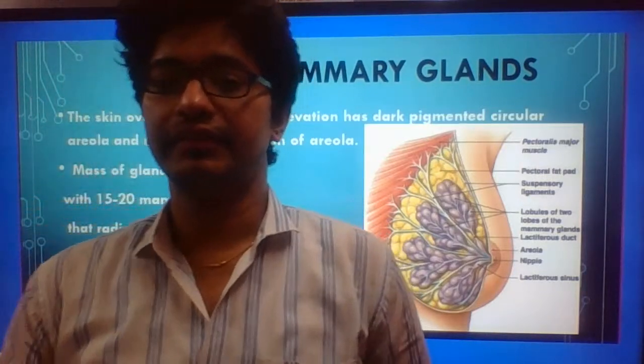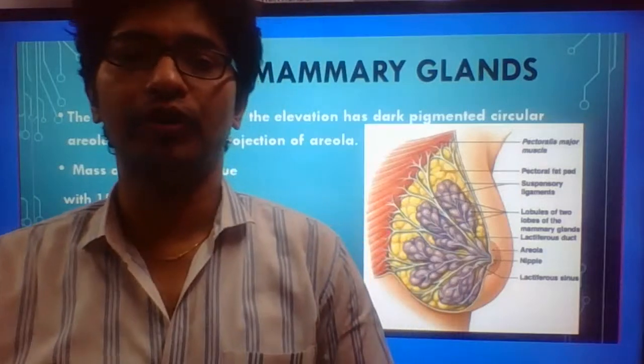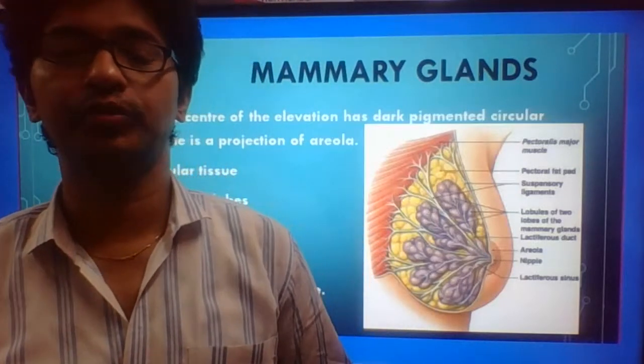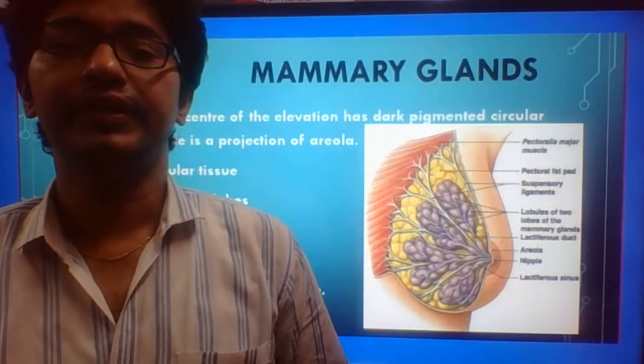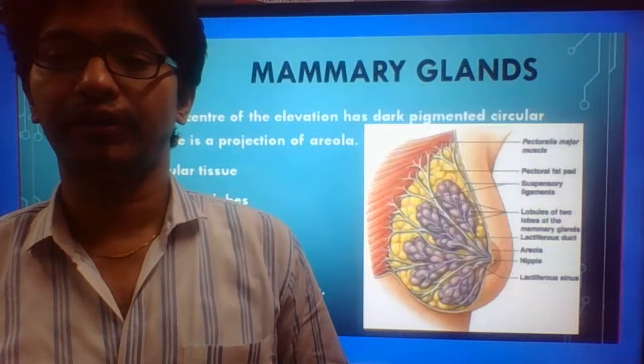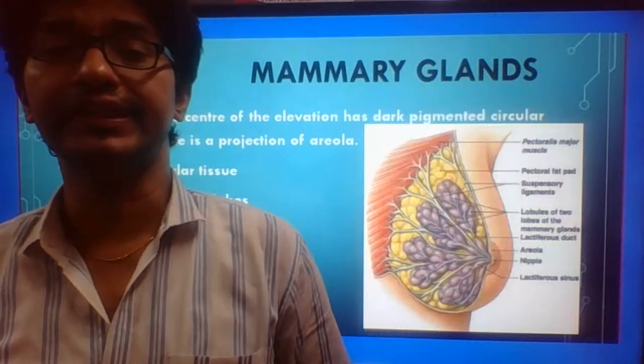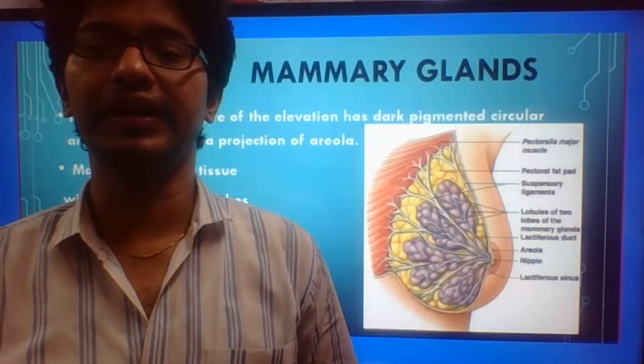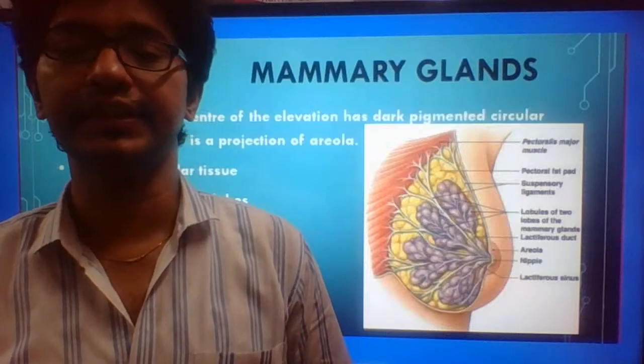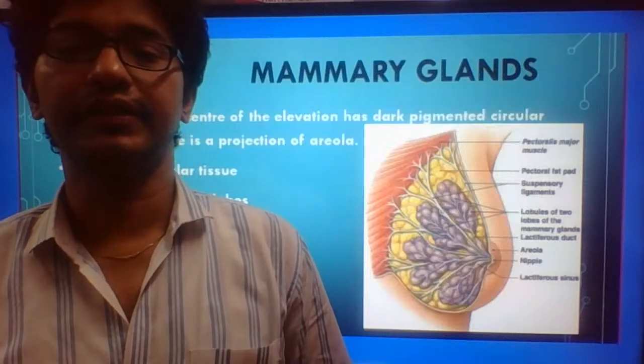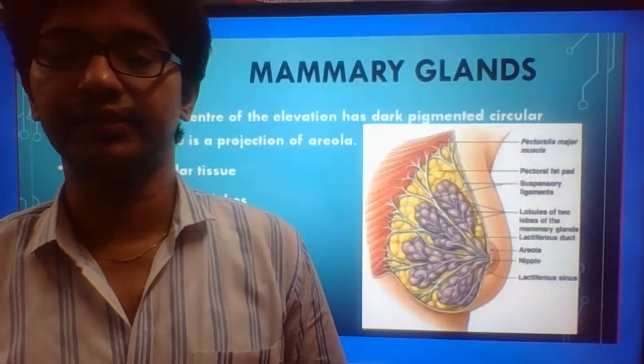Before we start, let us have a quick recap of all the things that we discussed in the first part of human reproduction. We began with the lifespan and reproduction. Then we discussed the male reproductive system: the testes, the secondary sex organs, and the duct system in males.